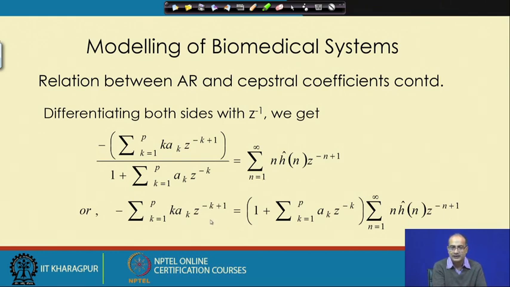The right-hand side, however, could be infinite, but because both sides need to match with each other, the coefficients of z to the power minus 1 and the others need to match on both sides.